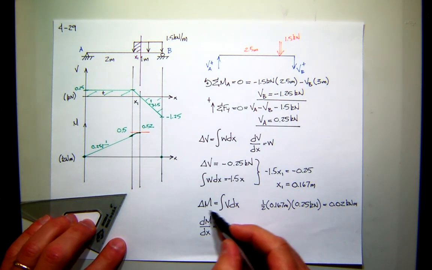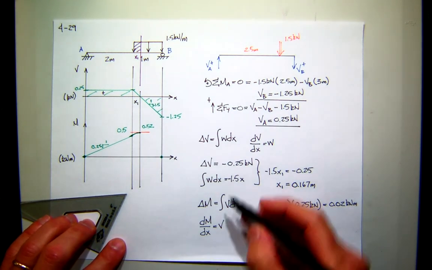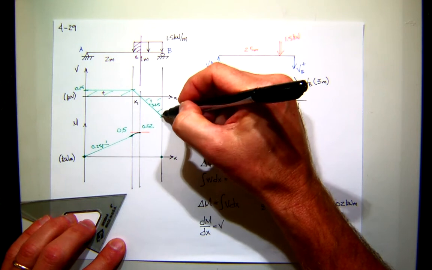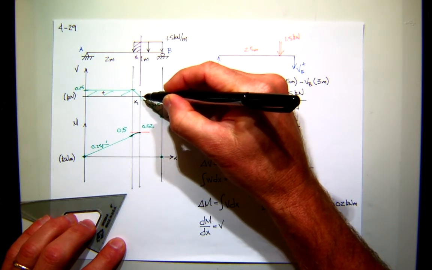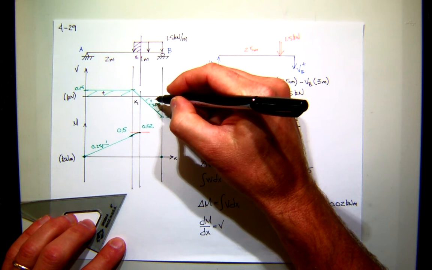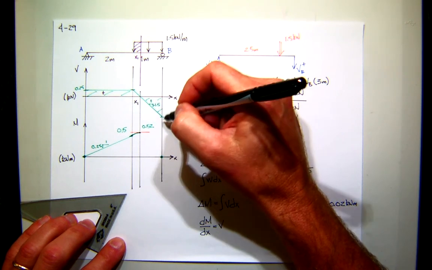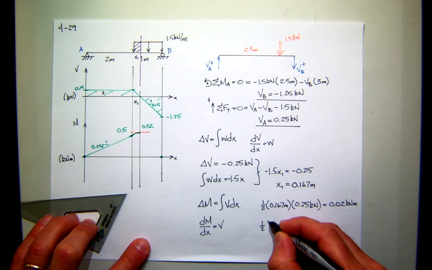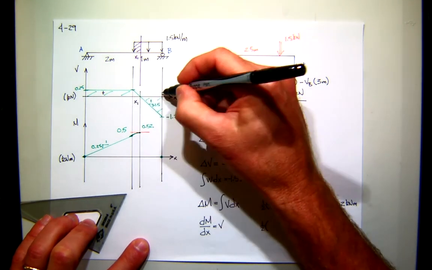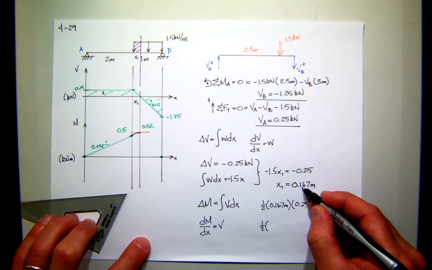Now the change in moment is the area under the shear diagram. So now I have this area, right? That's a negative area. And again, it's 1/2 base times height. The height here is 1 point. So this will be 1/2 the base. Well, this was 1 meter, and we found x1 was this.